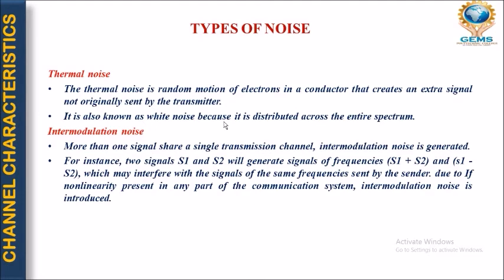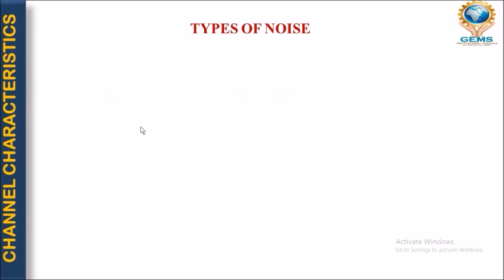In both cases, the source frequency will be altered, which should not happen, and which may interfere with the signal of the same frequency sent by the sender, right? Okay. So these are some examples of intermodulation noise.